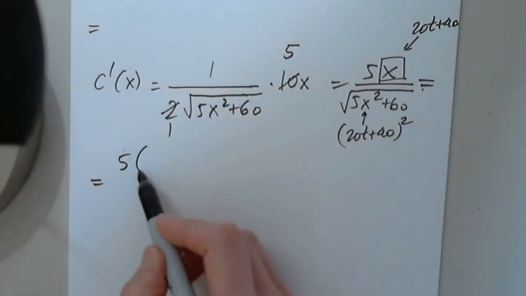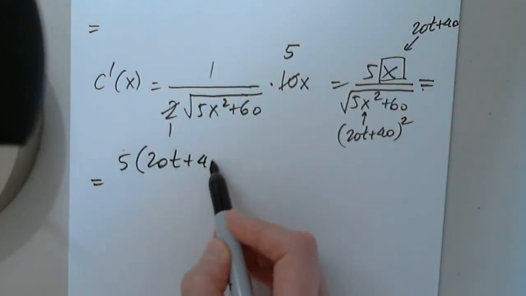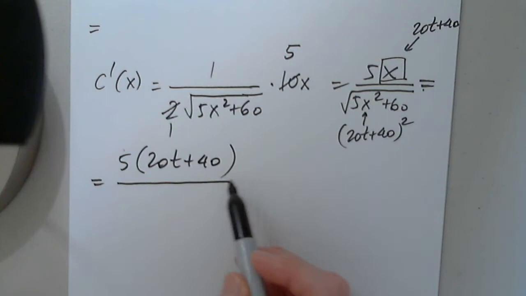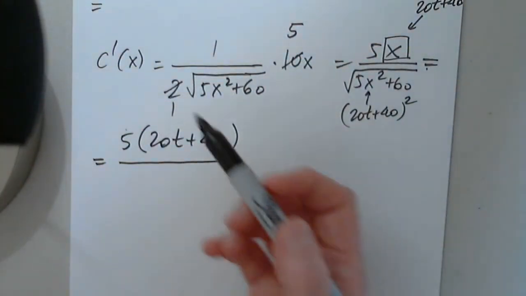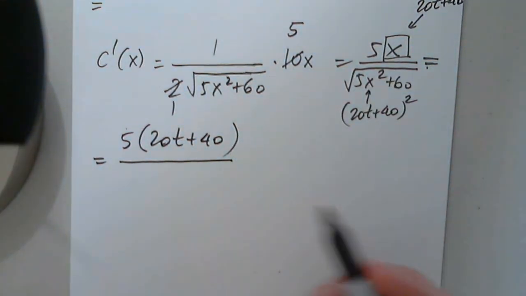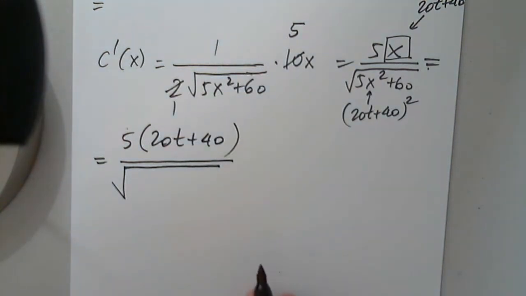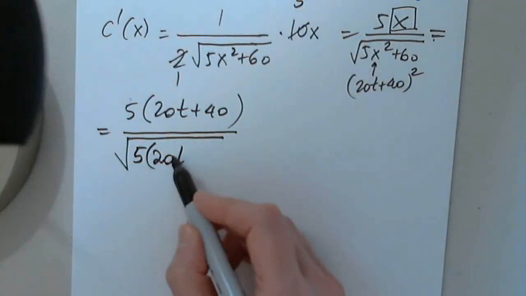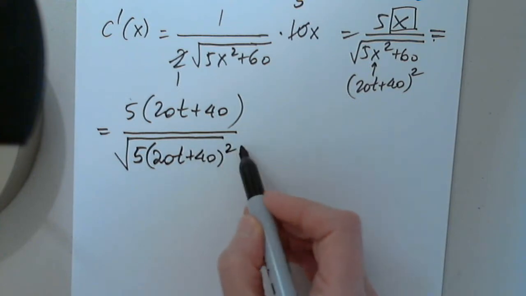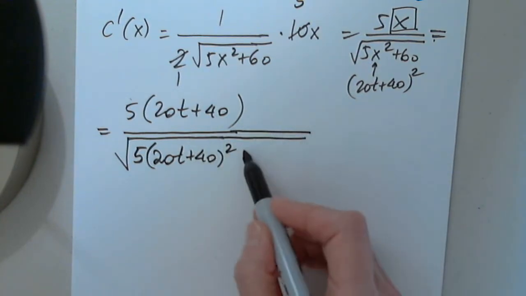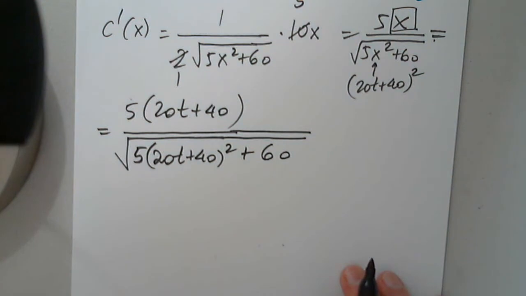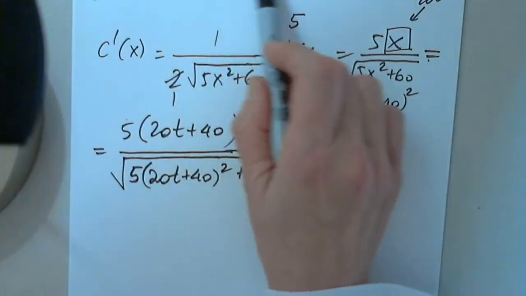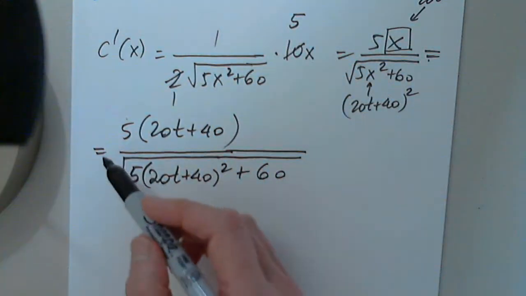So 5 times 20t plus 40, everything divided by, you don't need to calculate anything because we have to plug in 4, and that's all we're going to do. So the square root of 5, I replace 20t plus 40, everything squared, and plus 60. So now this piece here is this.